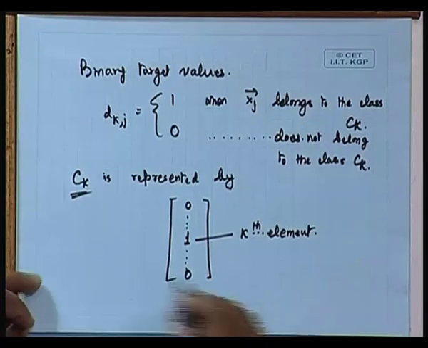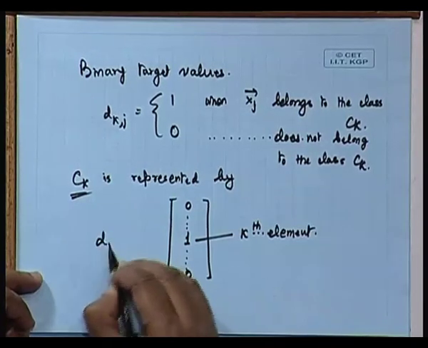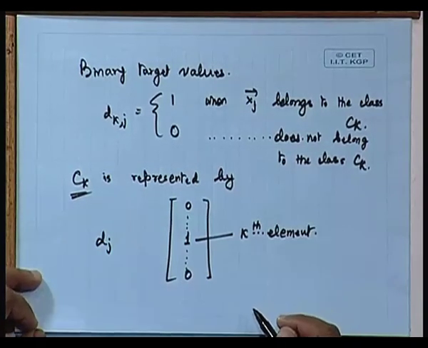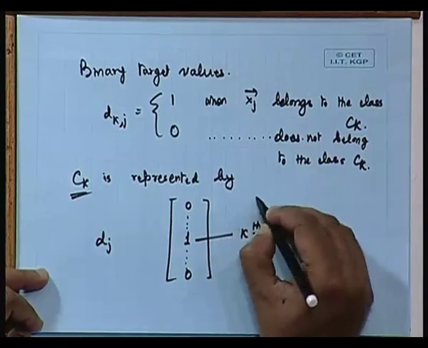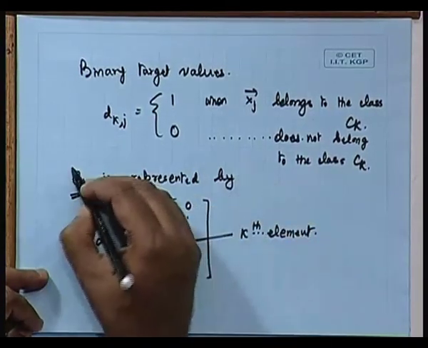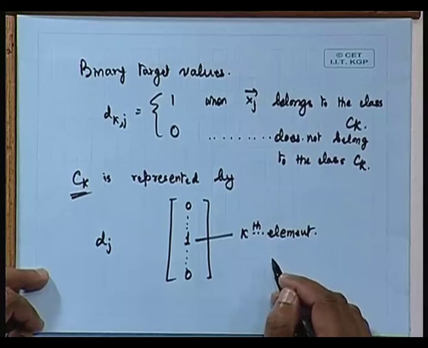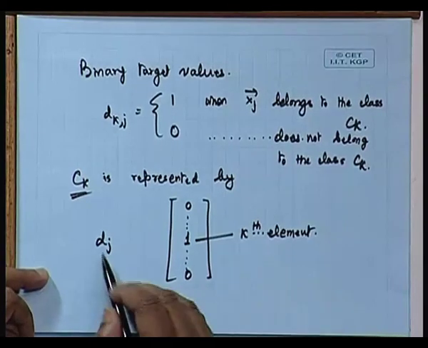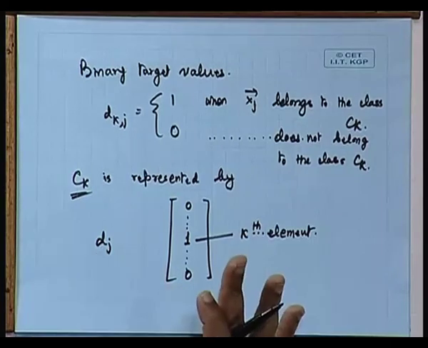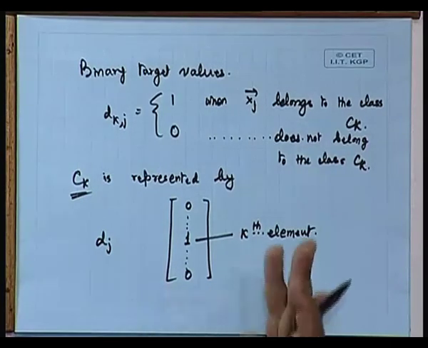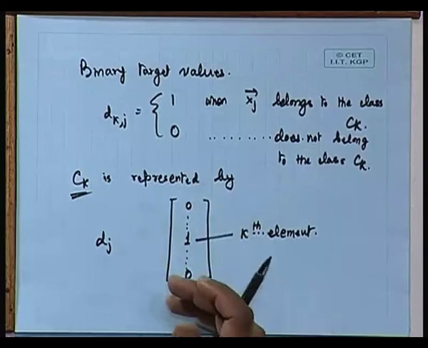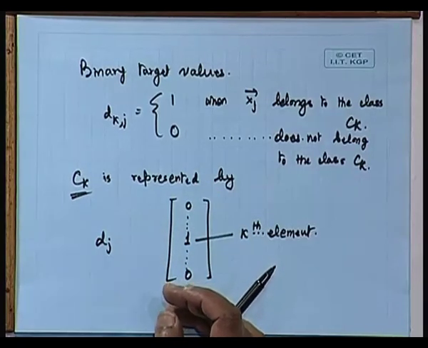This is dj. So, Ck is a class pertaining to the pattern x of j, simply that. We have m number of elements in it, because it could be in one of the m classes, and only at the right class we put a 1, and all other elements are going to be zeros.